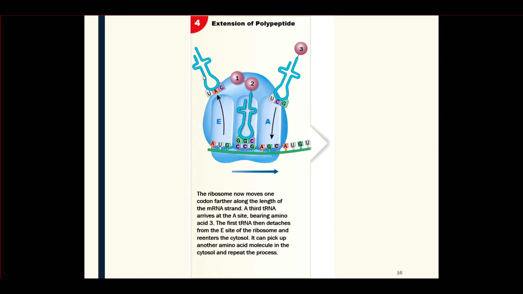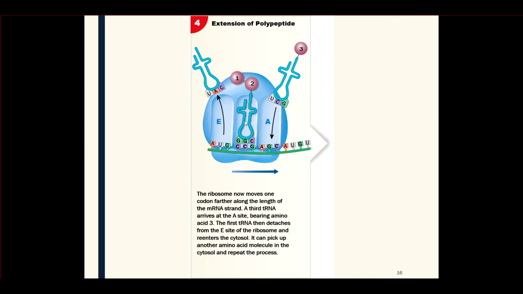This transfer RNA is going to leave now, and it can go pick up more amino acid. If this was a concrete company, it would go out and get more concrete, right? This would go get more of amino acid number 1, the same type. The second transfer RNA is now in the P zone. That's the polypeptide zone.